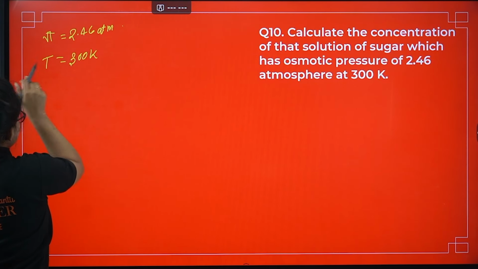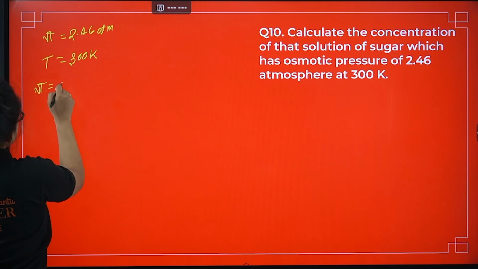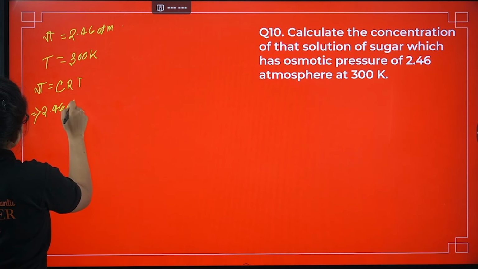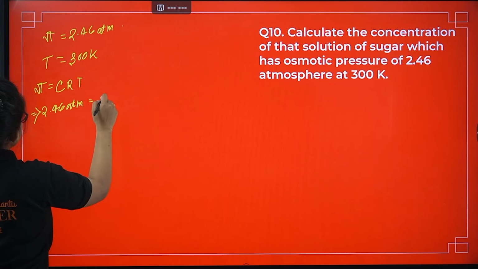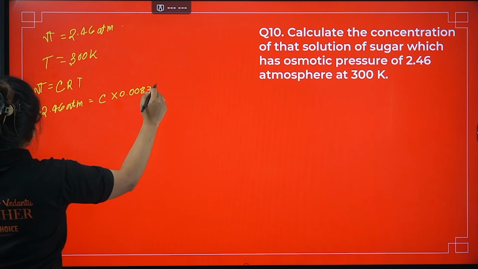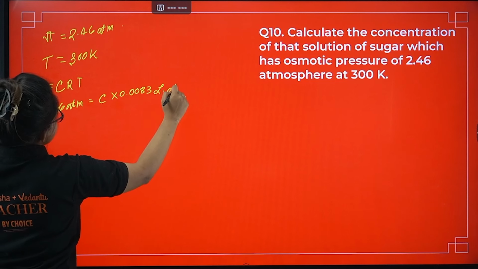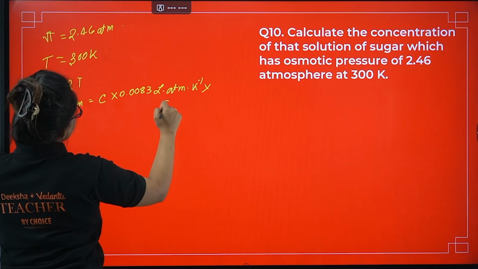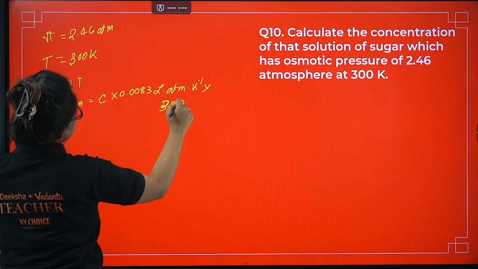Now we can put it here, pi equals CRT, right? So from here 2.46 atm is basically equal to C into 0.0083 liter atmosphere per Kelvin into 300 Kelvin.